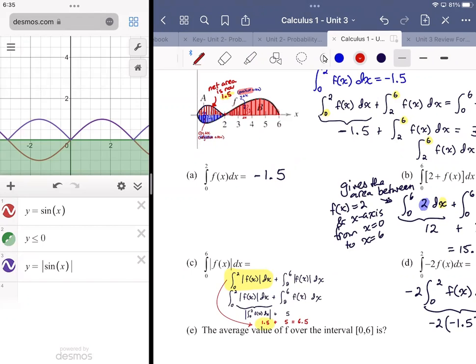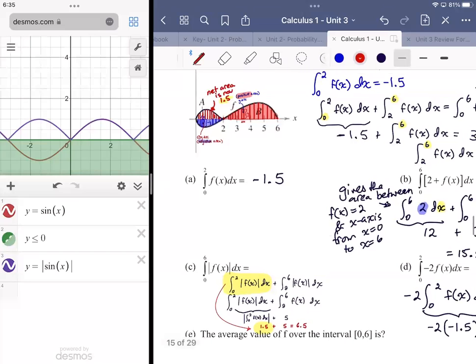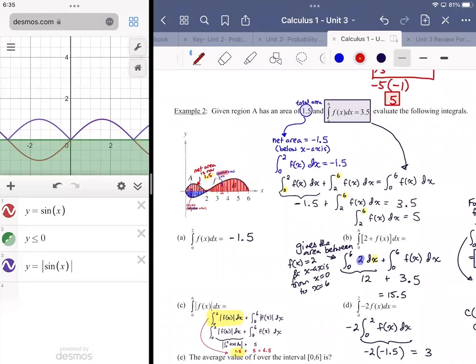All right, so the question is, why not go from 0 to 6 in one shot? Why do we have to split it into 2? Right, the integral over the interval of 0 to 6 is 3.5. If we just took the absolute value of that, we get 3.5. So one of the answers is it would just flat out give us the wrong answer.